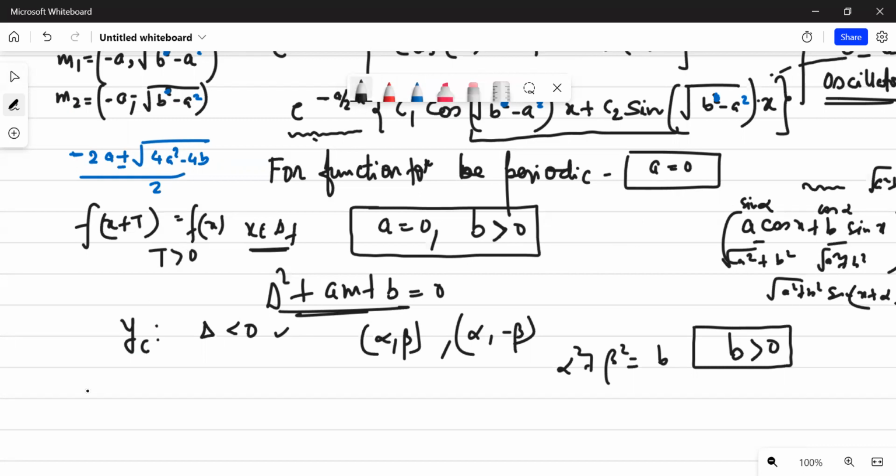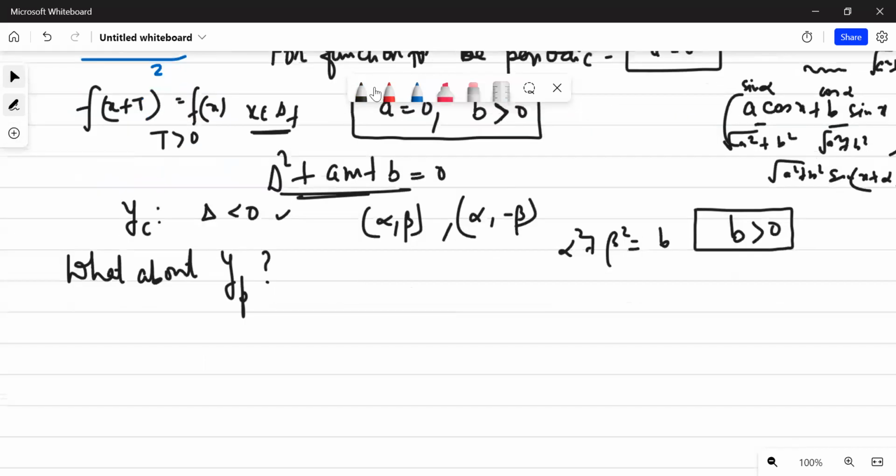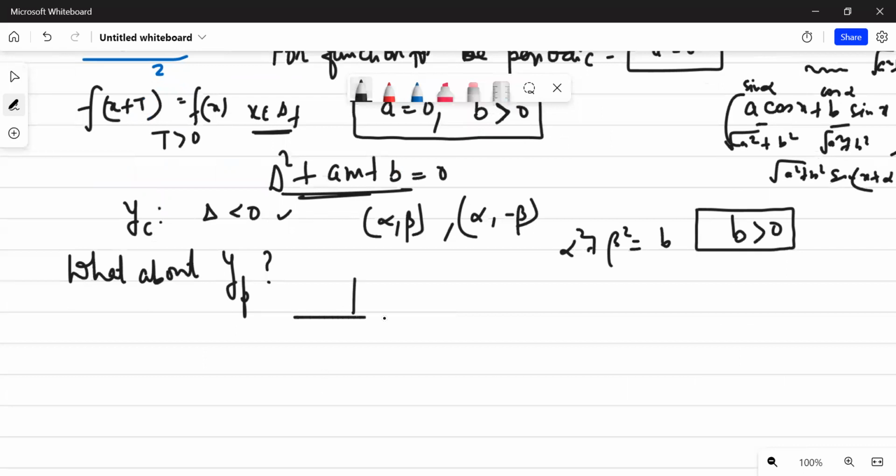Now, what about the particular integral? The particular integral would be 1 upon f of D, operating on the right side, and here it is cos of x.